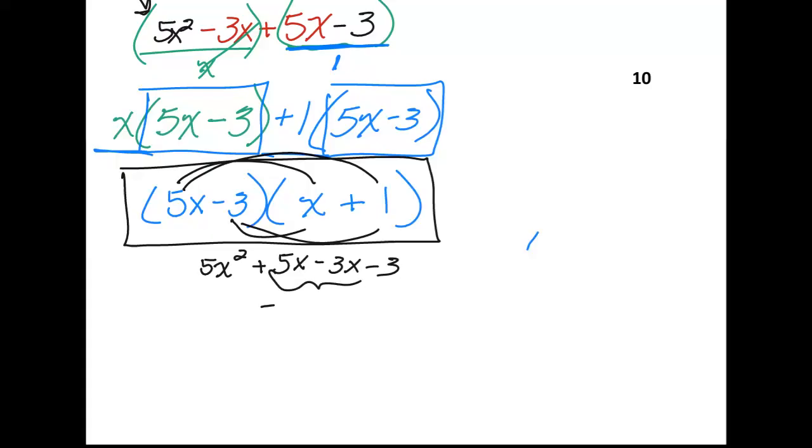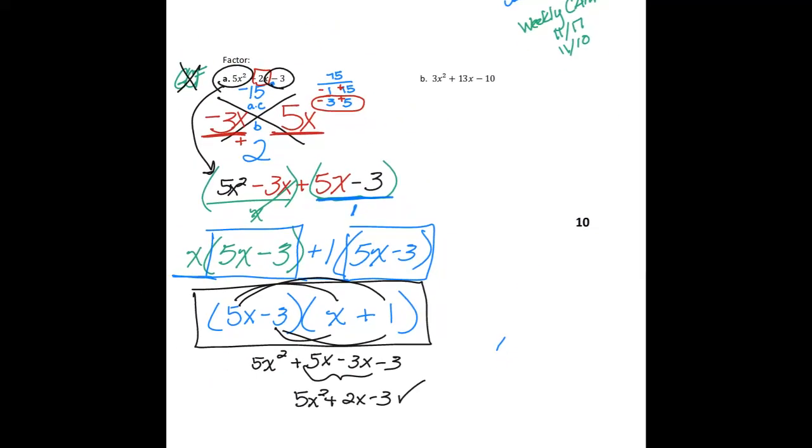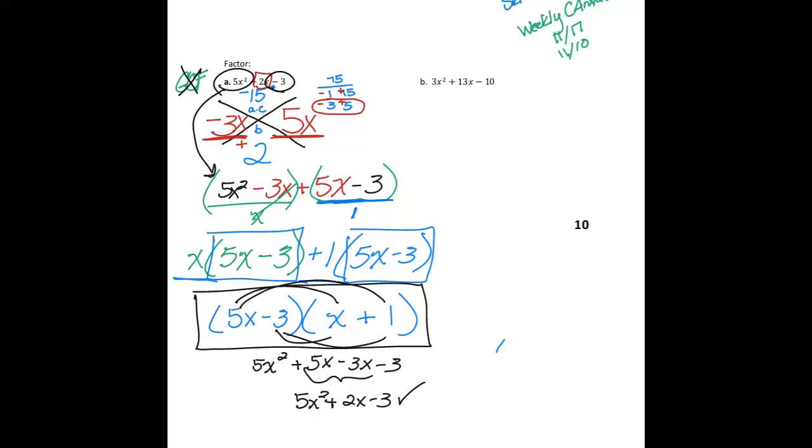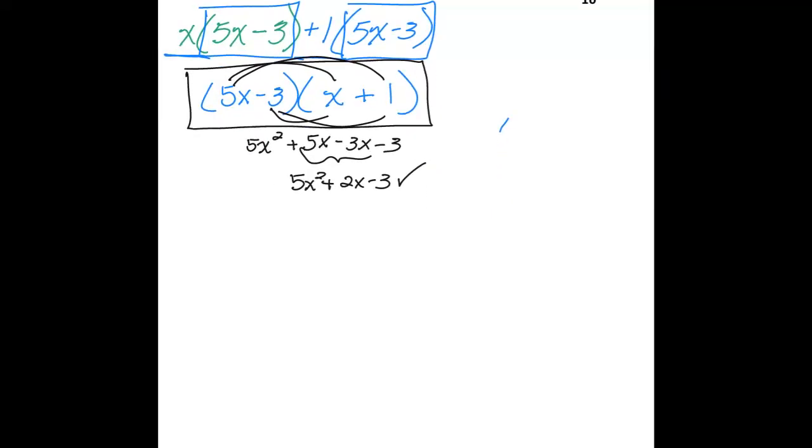These are your like terms. 5x squared plus 2x minus 3. Hopefully that's what we started with. 5x squared plus 2x minus 3. Boom. So you know that is correct. Some of you preferred the box method.